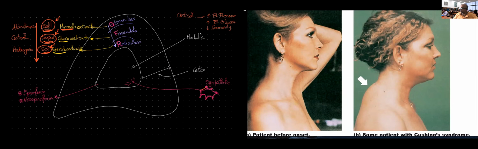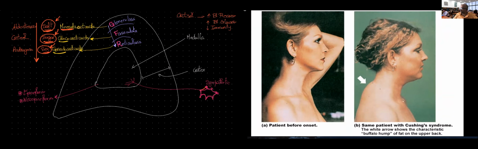See on here, this is before having a lot of cortisol. This is after being exposed to a high level of cortisol. So this is a patient with Cushing's syndrome. Cushing's syndrome is the disease where I have an increase in the cortisol levels.